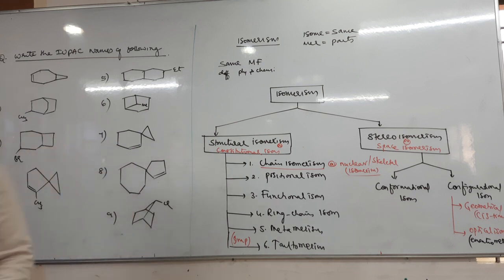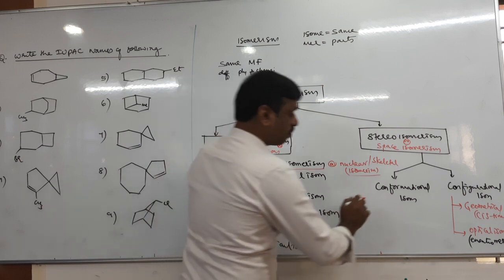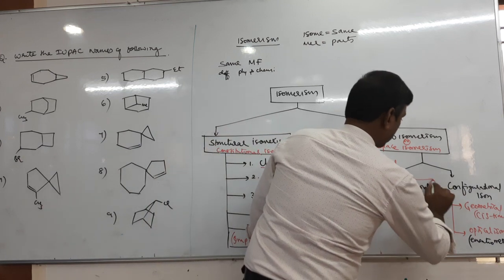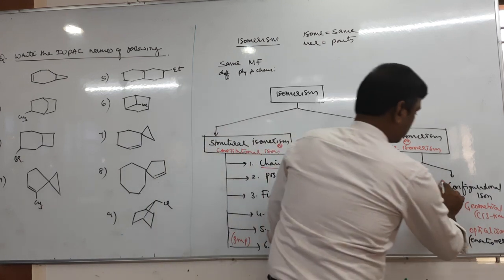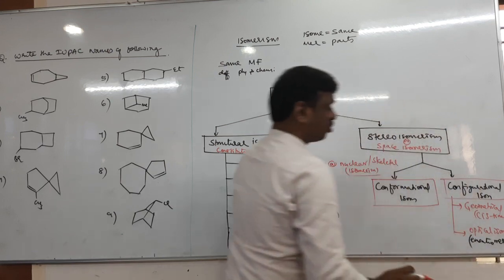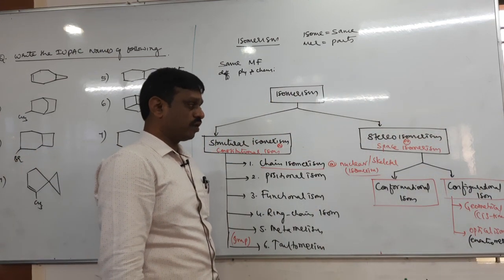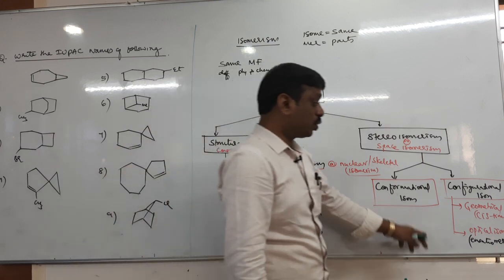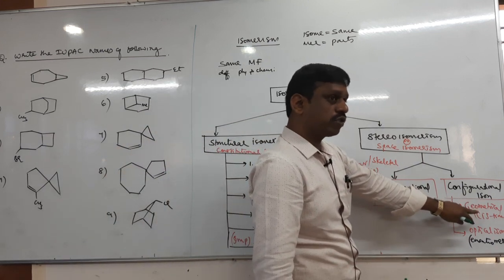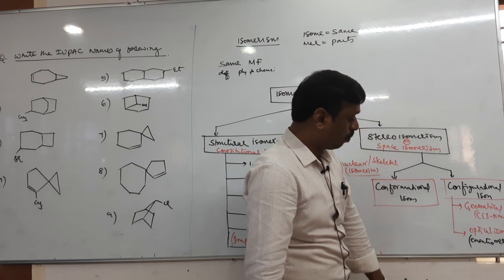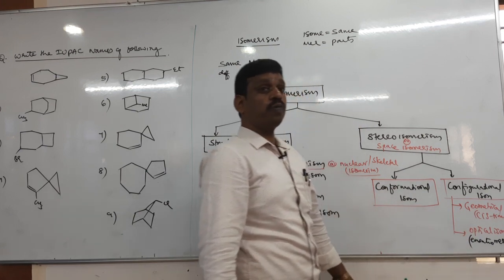Stereo is further classified into 2 types: conformational isomerism and configurational isomerism. Then configurational again has 2 types: geometrical, which is also called cis-trans, and optical, which is also called enantiomerism.